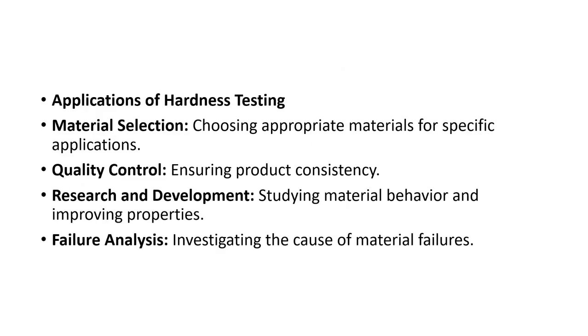Application of hardness testing. Hardness testing is used in material selection, choosing the appropriate material for a specific application, useful for design engineers. Quality control, ensuring product consistency, the same as we studied in tensile testing. Then it is used in research and development, that is studying material behavior and improving properties.